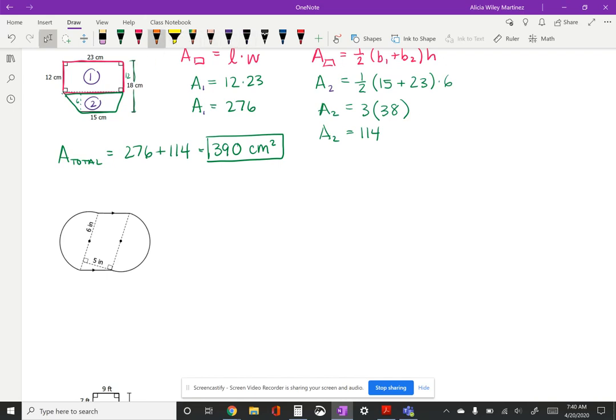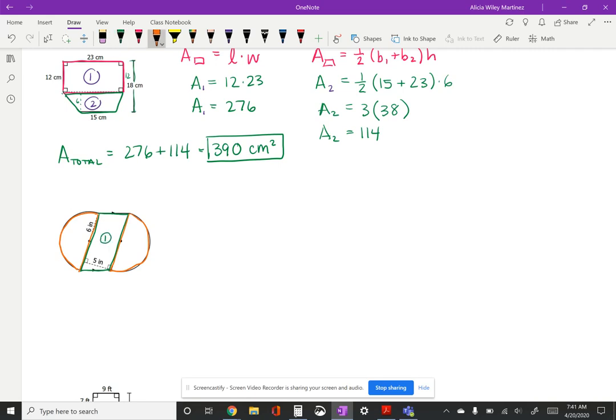Let's look at a second example. In the second example, here I have half of a circle. Here I also have half of a circle. In the middle, I have a parallelogram, like that. Okay, so here we'll call this region 1.